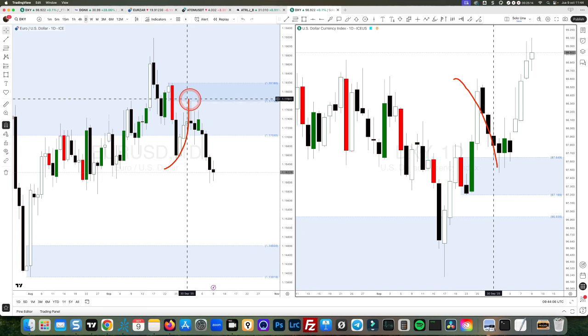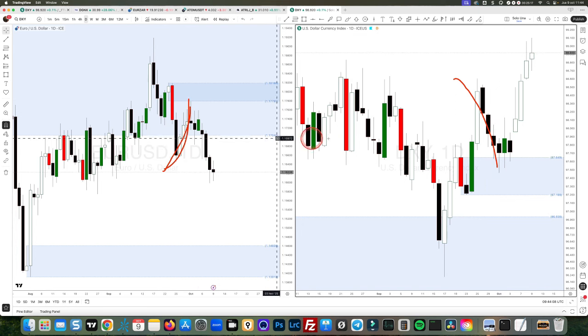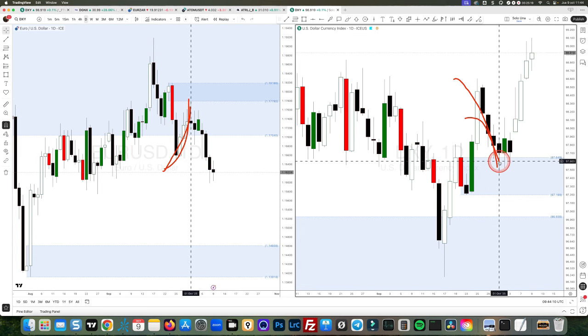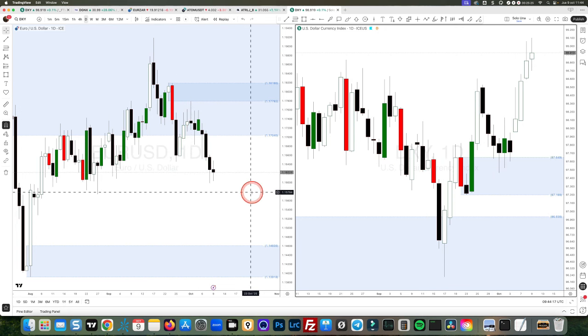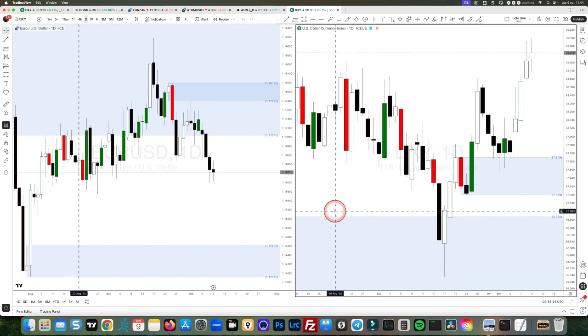So when you learn to wait for price to return to the supply and demand levels, like here on the euro dollar and the dollar index, these key demand and supply levels, you will start trading like institutions do, like snipers, with calm confidence instead of emotional chaos. So remember that your job isn't to predict, it is to prepare.